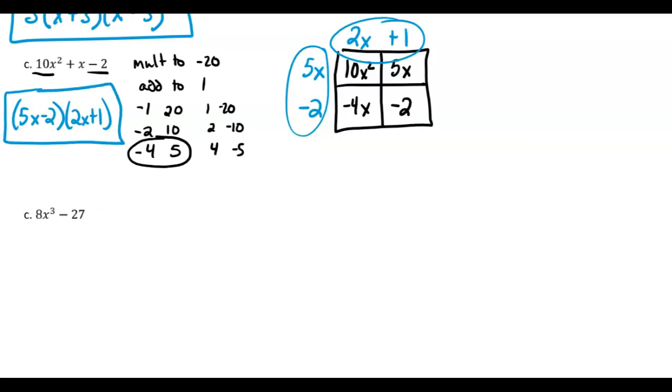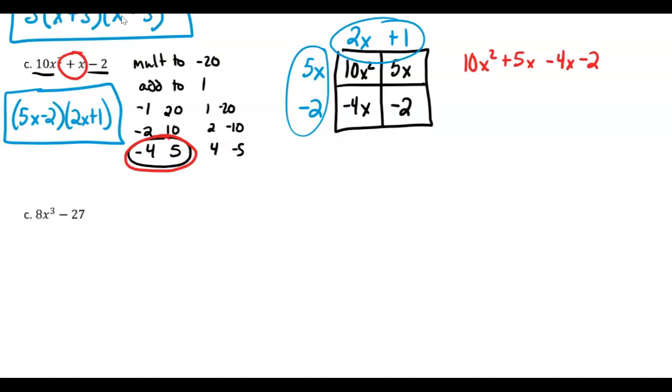Now, real quick, let me show you another way, going from the point where we had figured out our two numbers. From that point, take 10x squared, and then instead of this plus x, write the -4x and the 5x. I'm going to put the 5x first. The reason I opt to put the 5x first is because it's similar to 10x squared, and it makes me feel like, oh, that's doable.